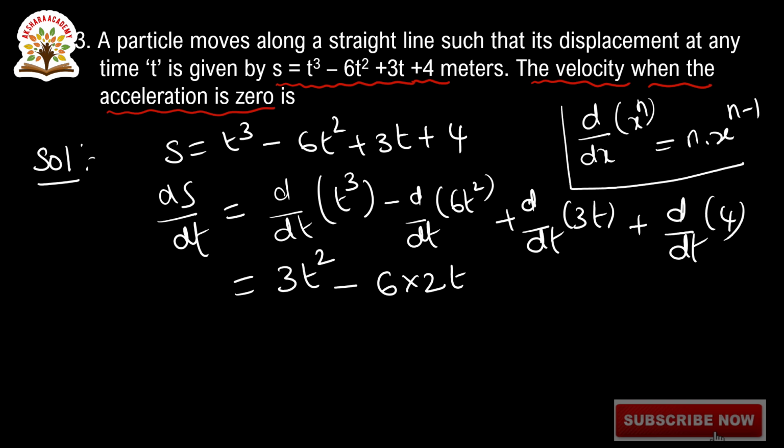So 3t square minus 6 into 2t plus 3 d by dt of t is 1. So here d by dt of 4 is nothing but a constant; d by dt of a constant, that is, the differentiation of a constant, is equal to 0. Here d by dt of k is equal to 0.